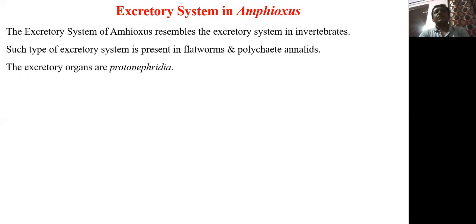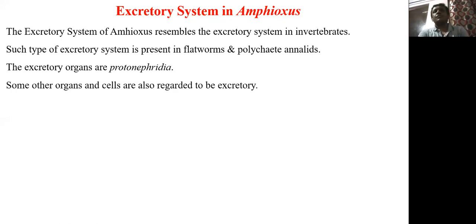The excretory organs in Amphioxus are protonephridia. But some other organs or cells are also regarded to be excretory in function. We are going to study in detail all such parts, but the main excretory organ is nephridia. So first we will start with nephridia or protonephridia.